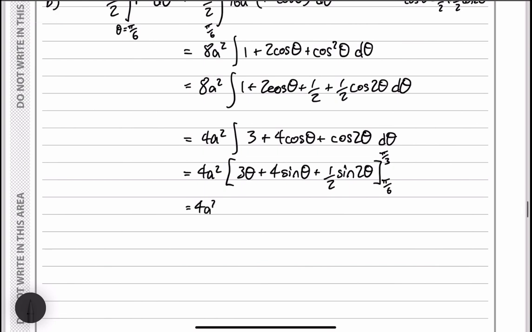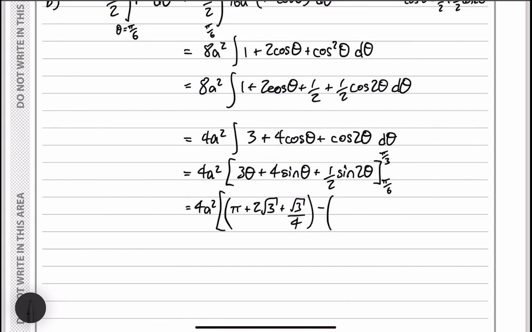So we've got 4a squared, and then we've got 3 times pi by 3, that's pi. Sine of pi by 3 is root 3 over 2 times the 4, that's 2 root 3, plus a half times sine 2 pi by 3. So that's a root 3 over 2 as well. So that's root 3 over 4.